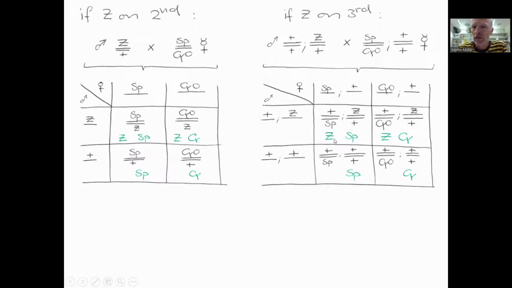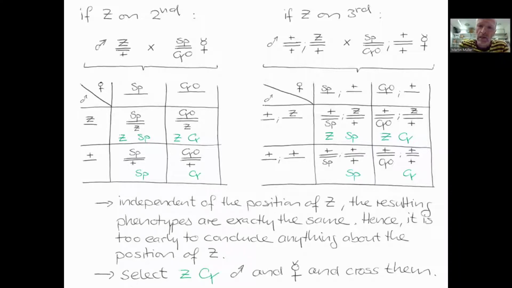And by looking at the phenotypes, you can see that we have exactly the same phenotypes as we have over here, independent whether Z is on the second or Z is on the third. Meaning that independent of the position of Z, the resulting phenotypes are exactly the same. Hence, it is too early to conclude anything about the position of Z.